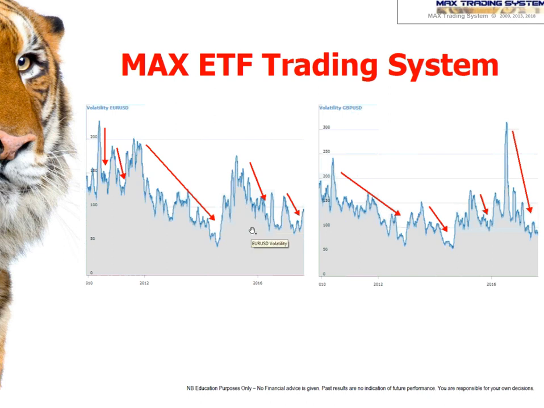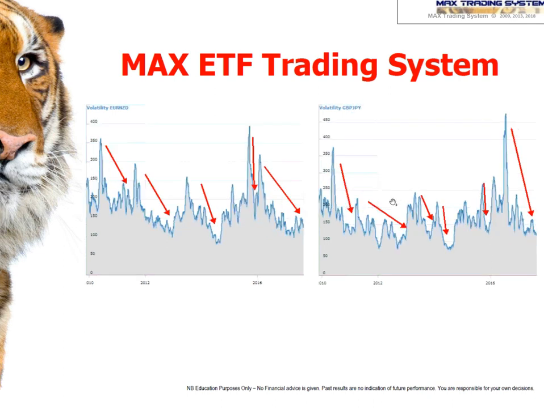In fact, I should say the chart is not correctly labeled, but this comes from the site I have used to take these charts. So it's not the volatility which has decreased, it's the momentum. This chart shows the combination of momentum and volatility. And we observe exactly the same thing with the pound. And I have taken here two examples of major pairs, but we have exactly the same behavior with other currencies, for example, the euro kiwi or the pound yen.